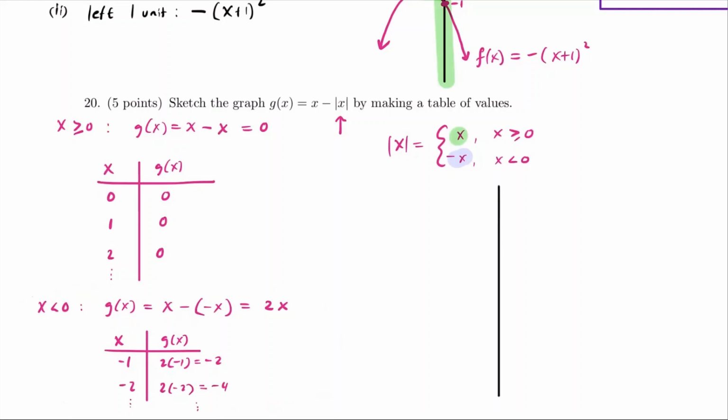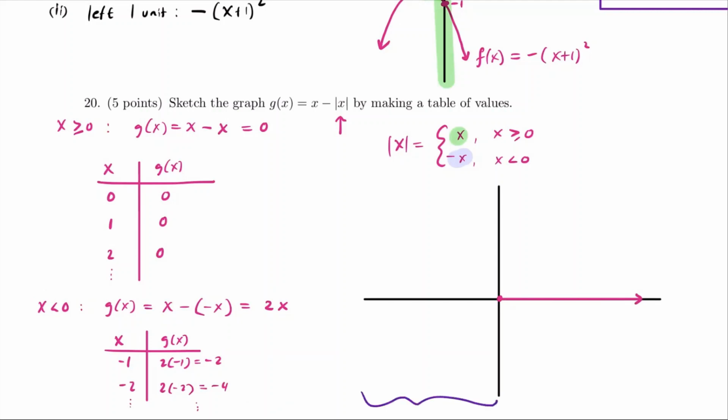So here's our xy plane. When x is greater than 0, well, that's this side right here. So we are going to draw the constant function 0. Right here, I'll just go this way. So that's when x is greater than 0. And then when x is less than 0, now we're looking at this piece right here.